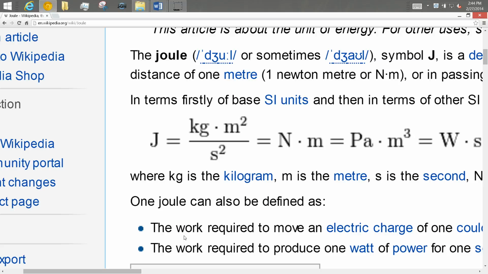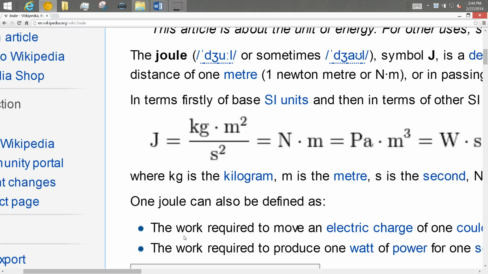A joule is actually equal to, when you're talking about something's energy, some things apply to it. Its mass means something. A bigger thing will have more energy than a smaller thing if all other conditions are the same. And then the meters squared and seconds squared have to do with the distance that was traveled and the acceleration during the travel. We okay with that? If something's accelerating faster, moving farther, and heavier, then it's going to have more energy. So the joule is actually all of these units put together.